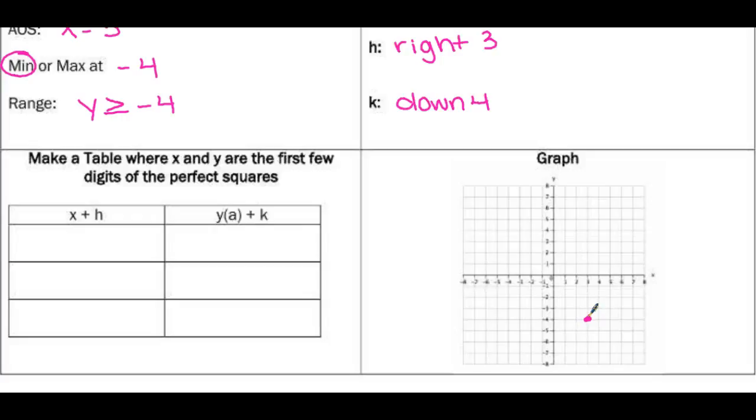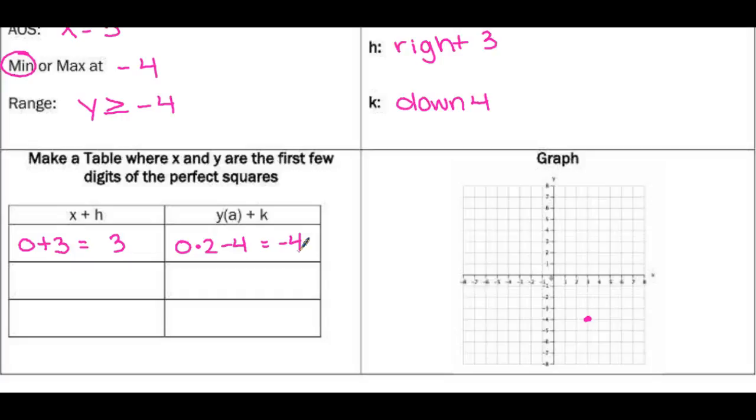So over here, that's kind of like saying 0. Yes, 0 plus 3, which is 3. Then remember, my old starting point was at 0. You multiply that by a and add k to give you the -4. So that's how you fill in your table.